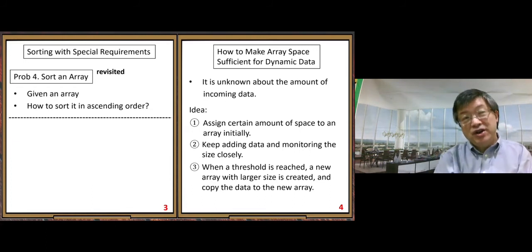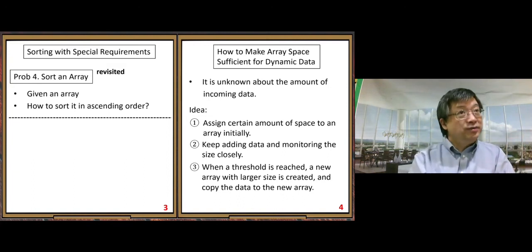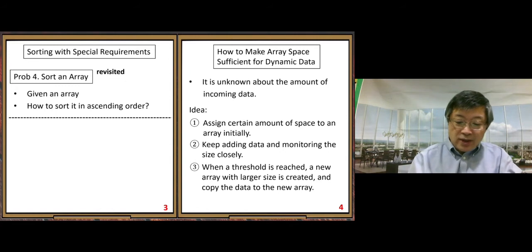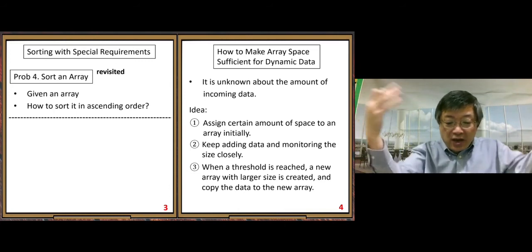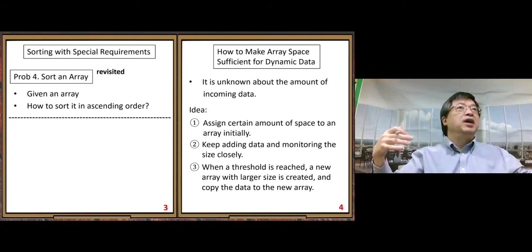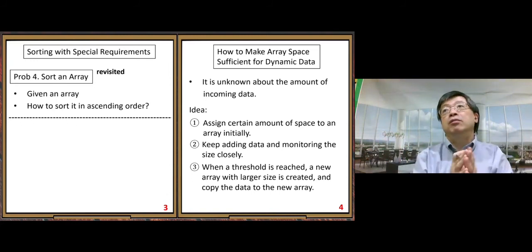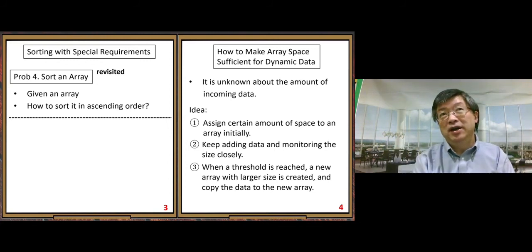So we just learn how to implement a dynamic data structure. Create a new array with larger size, so you change the size. Then you do the data copy, copying your data from the old array to the new array. Now you have more room to hold more data items. That's the simple idea.